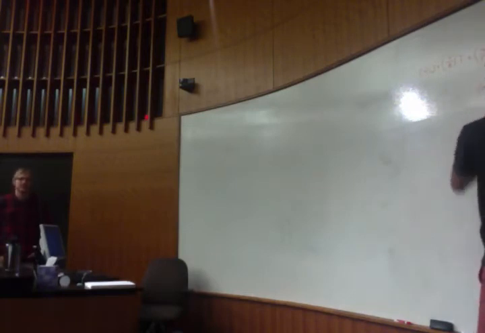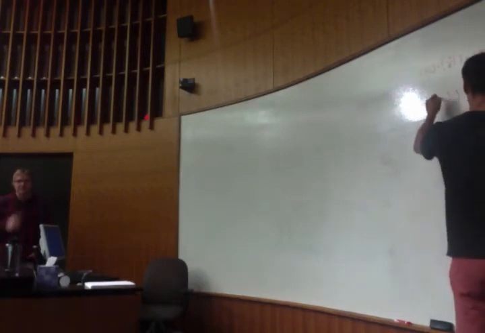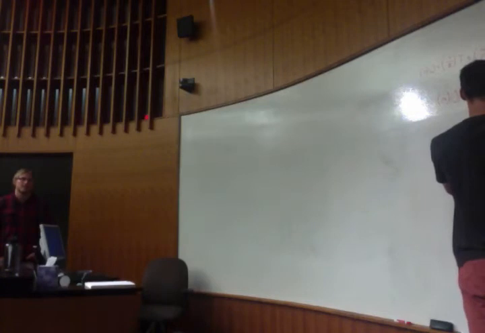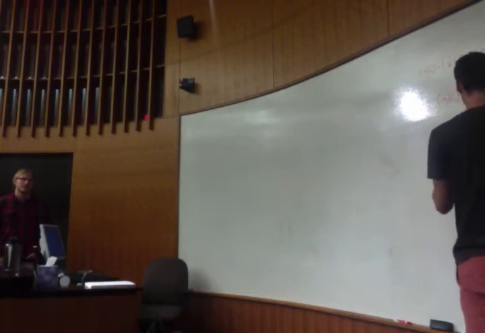So we have T of n in the top level, and this does O of n work. In the next level, I have a T of n over 2 and a T of n over 4 and a T of n over 8.